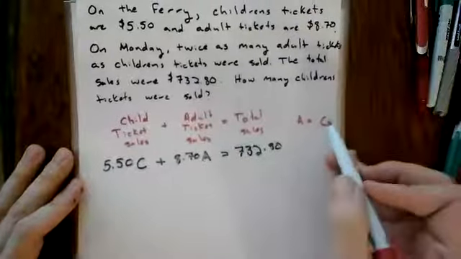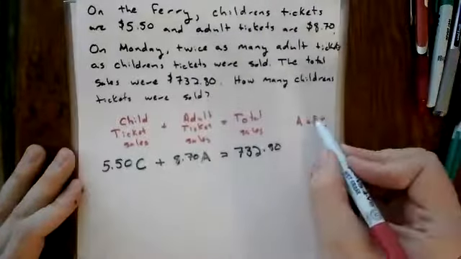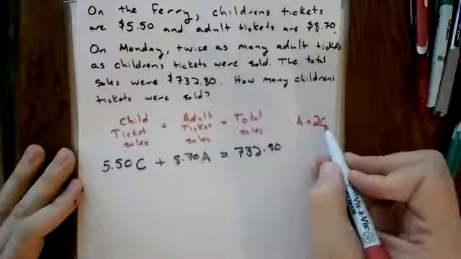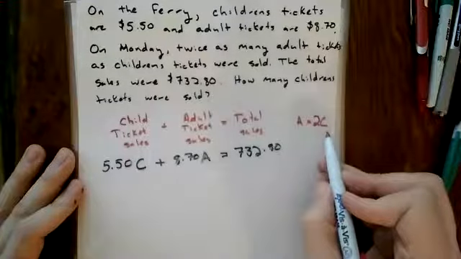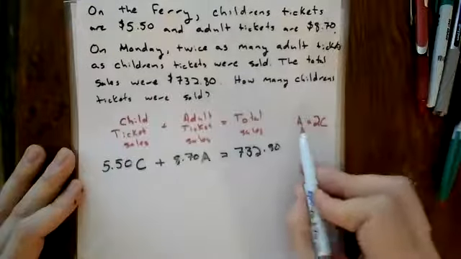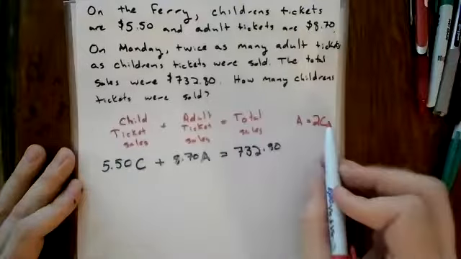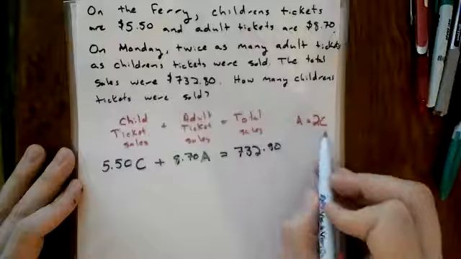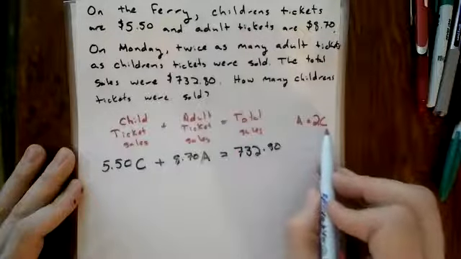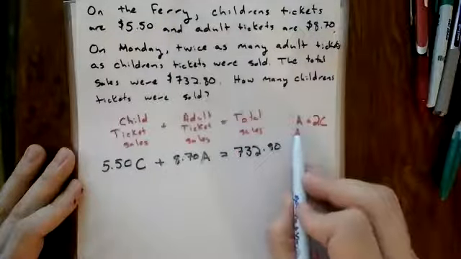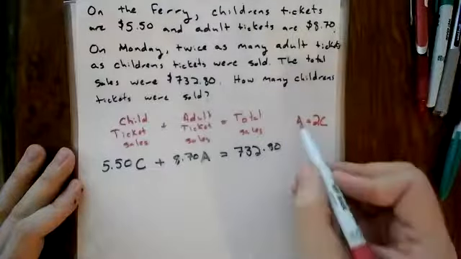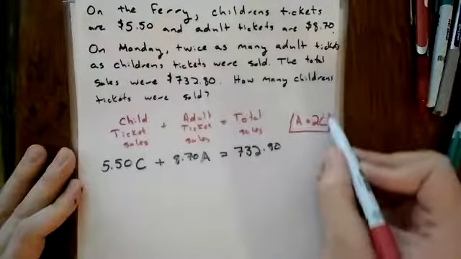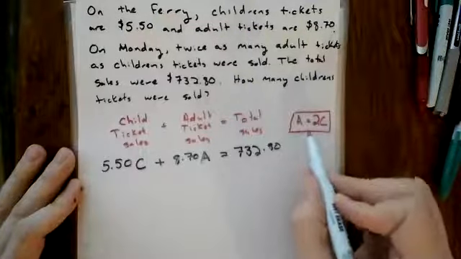But that's not what I've got here. I've got twice as many adults as children. So if I sold one children's ticket and I plug that in here, I'd have two adult tickets. If I sold 10 children's tickets, then there would be 20 adult tickets. So this looks like a good substitution, and that's exactly what I'm going to do.